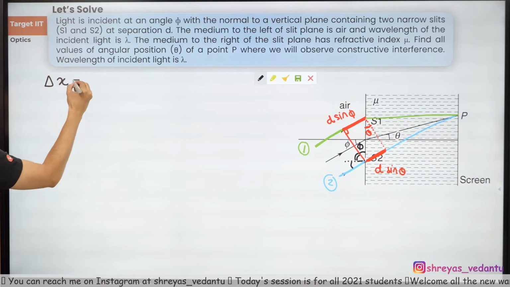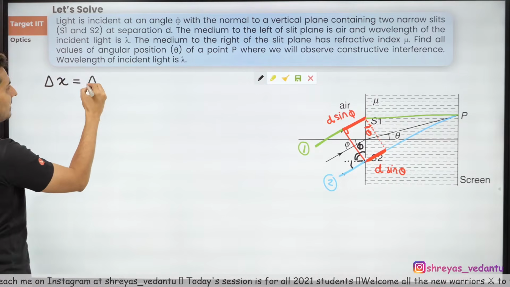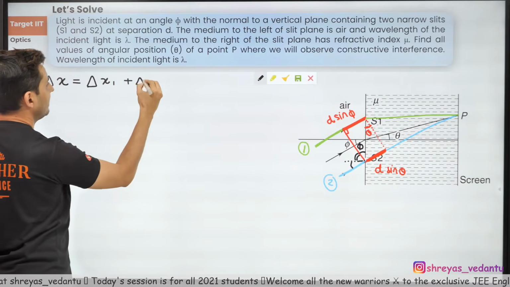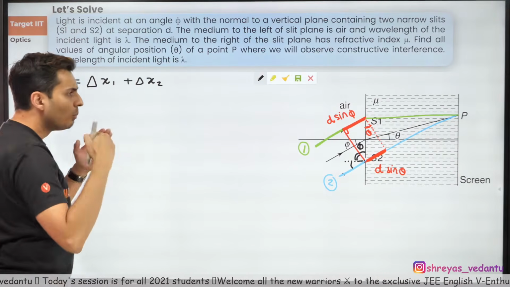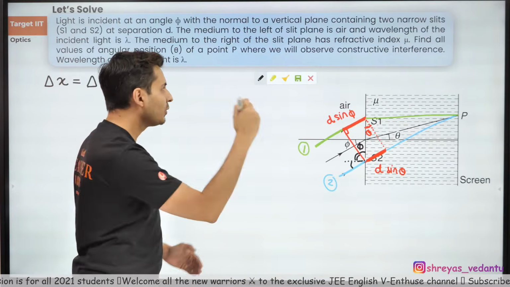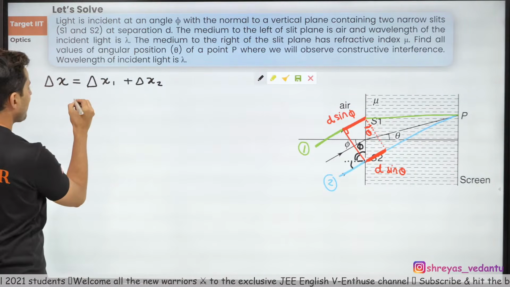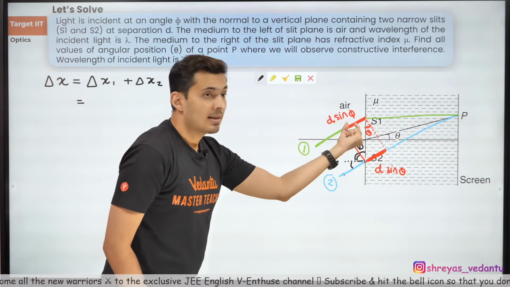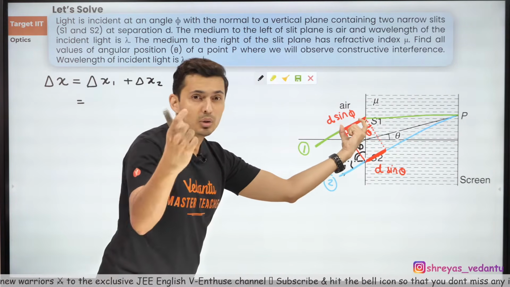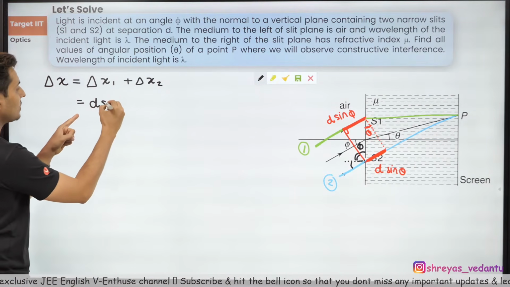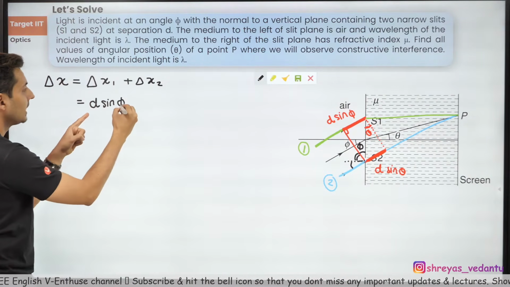The total path difference is the path difference created first time plus the path difference created second time. Both times some path differences have been created. Now if you think carefully, you will understand that first time ray number 1 had some extra path to travel, which was d sine phi.